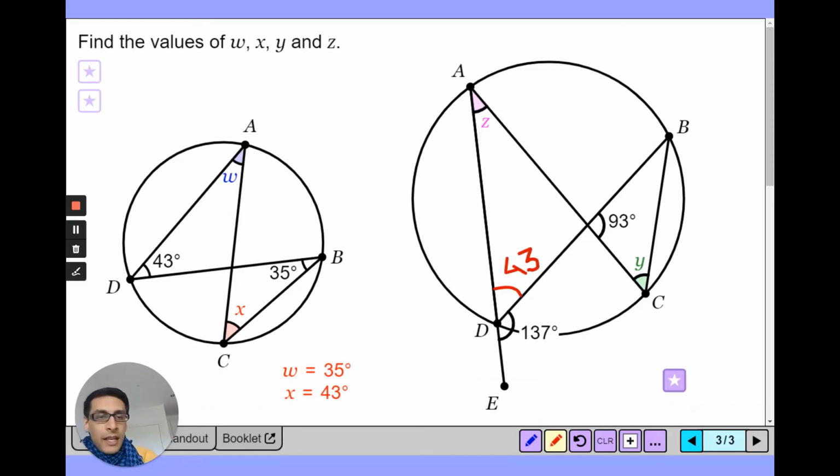We can then say that y must be 43 as well. And we can then work out this angle here because we now have a triangle. So they all add up to 180. So we do 180 minus 43 minus 93. So that is going to give me 44.